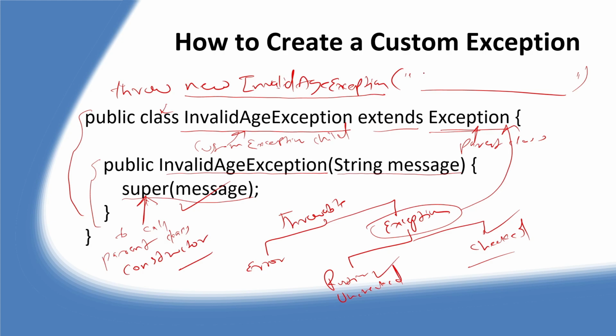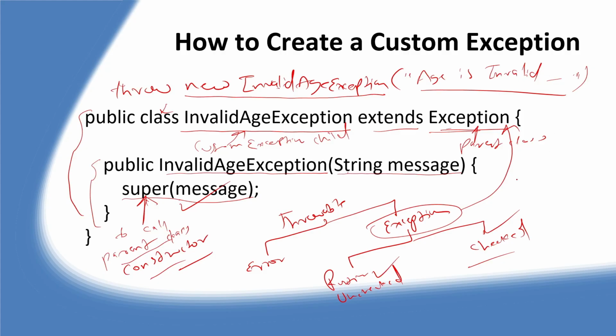Let's say the message is "age is invalid". This error message will go to this constructor, and the constructor will call the parent class constructor, which will hold the message for getMessage.